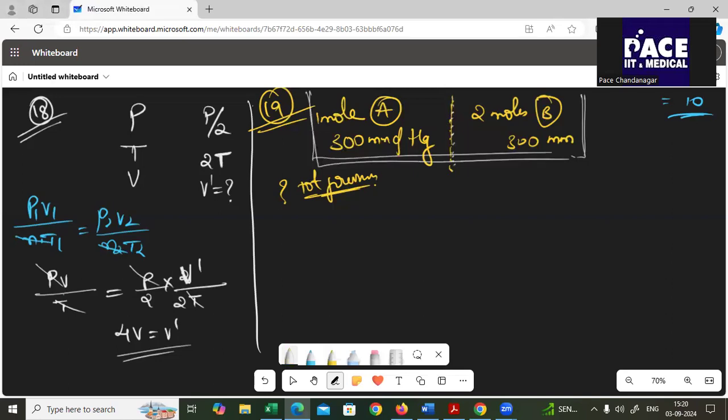How much each contributes depends on the fraction, the Xi. Xi stands for the mole fraction.